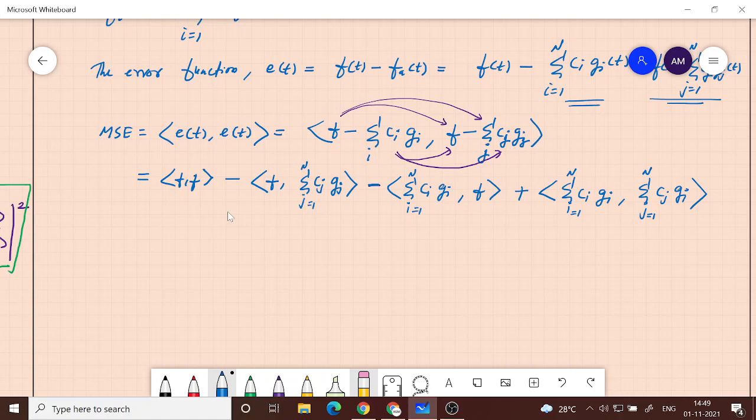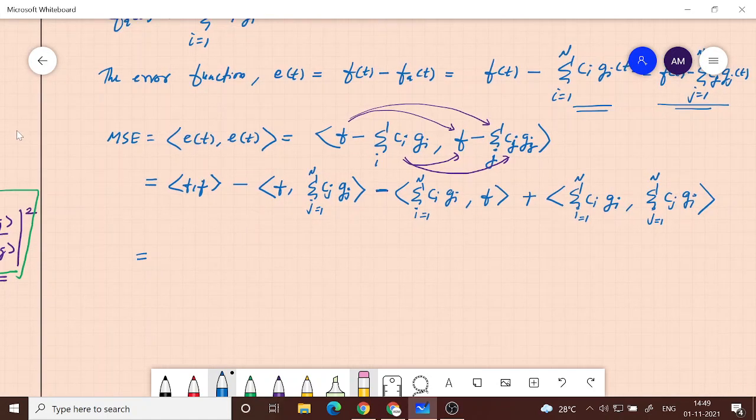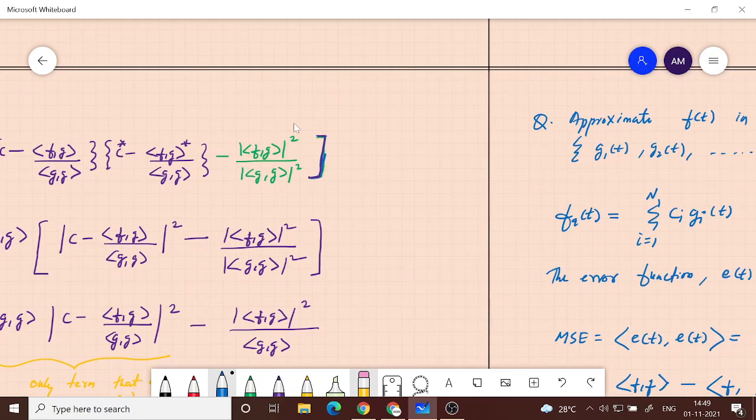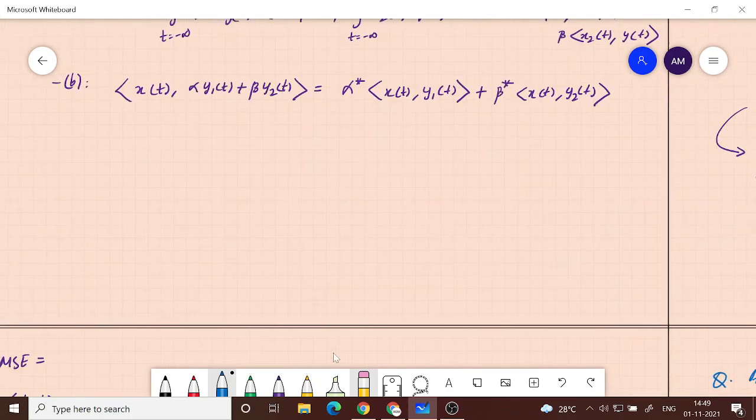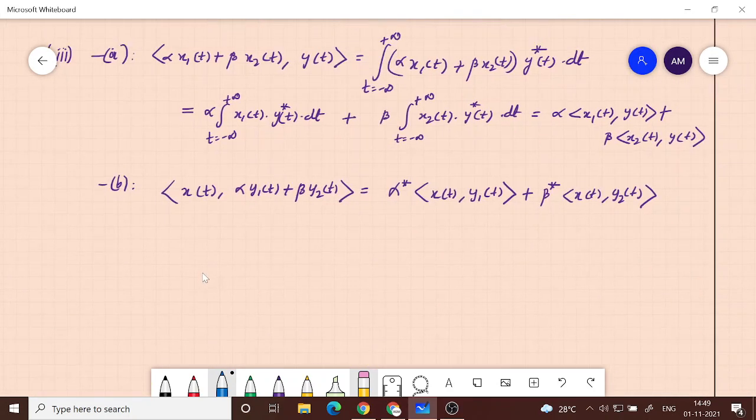Yeah. So let's write in such a manner that I take the constant and the summation outside the inner product. This I can do by using the sesquilinear property. You remember the sesquilinear property which we saw first today in the class. One of them I have proved.